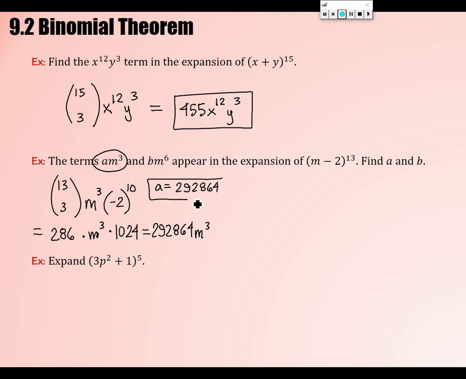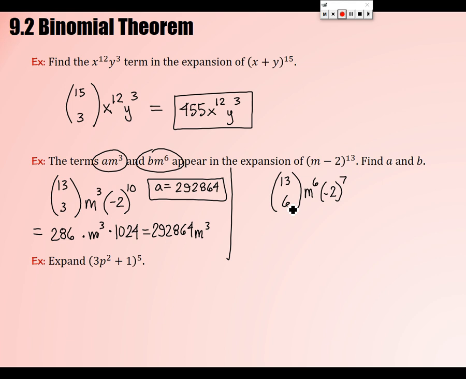Okay, let's repeat this kind of thinking as we go to get the 6th order term in this expansion. Certainly there is one: m to the 6th, negative 2 to the what? And the coefficient up front will be 13 choose, whichever again you like, 6 or 7.